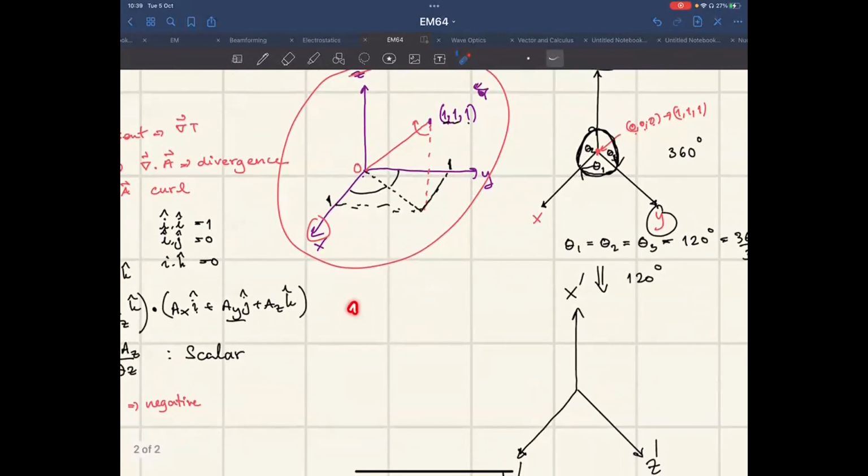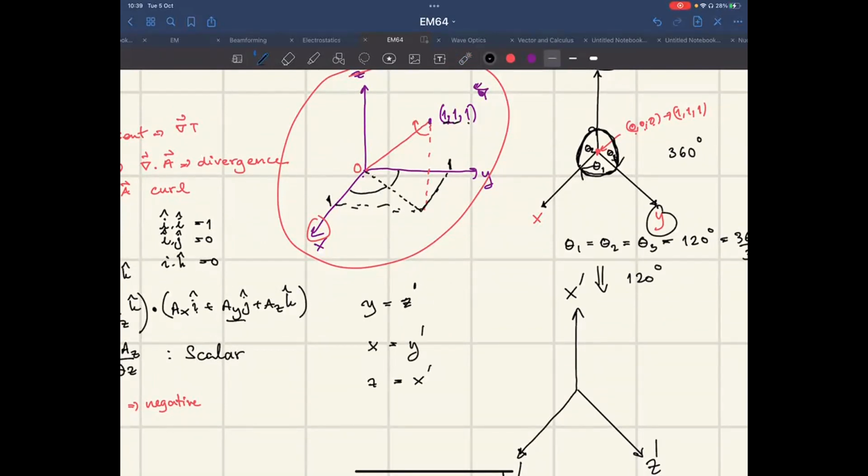So we know that y now equals z prime, and x equals y prime here, and z equals x prime. Am I right?